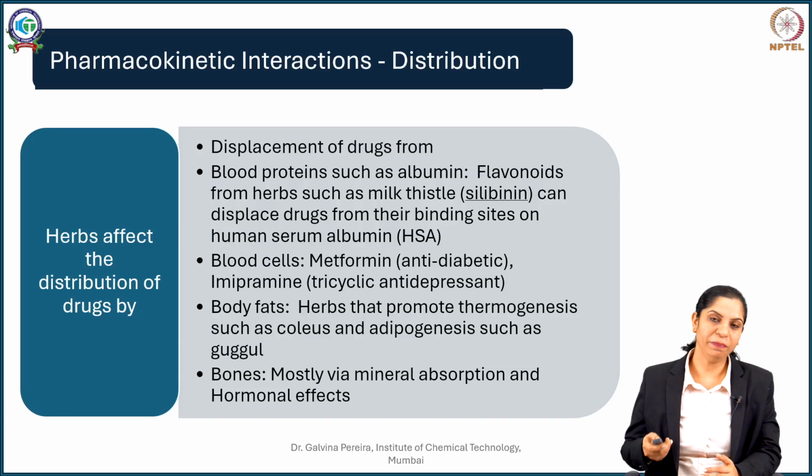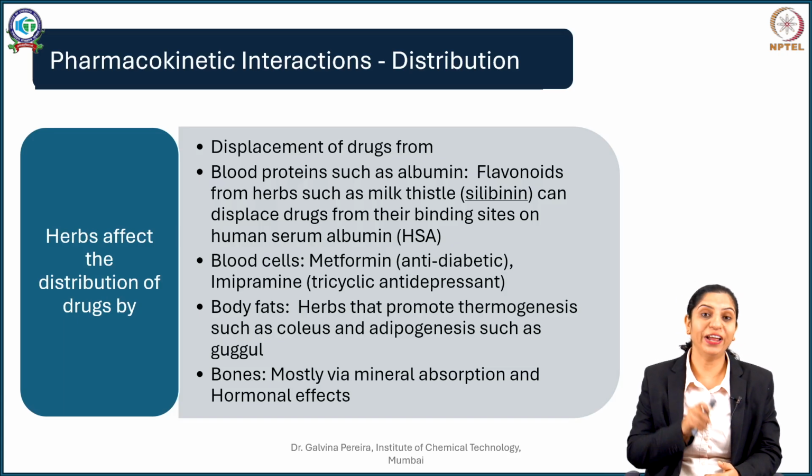Now imagine hormonally you are taking something like hormonal supplements, or phytoestrogens. In some cases they are known to alter the bone reabsorption of minerals as well as certain elements. So yes, herbs are also reported to affect the distribution, not just absorption but also the distribution of the drugs.